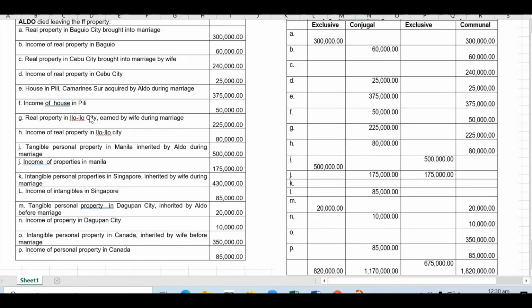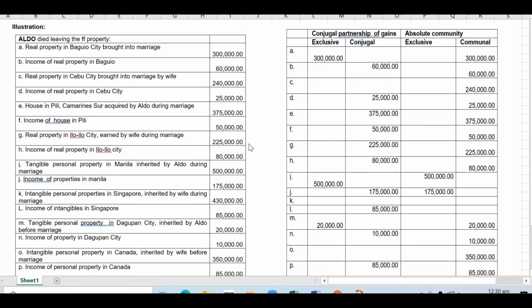The requirement is to determine the classification of each property, whether it is exclusive or conjugal under conjugal partnership of gains, or in absolute community, whether it is exclusive or part of the community or communal property. So, we will classify each property for conjugal partnership of gains and absolute community.